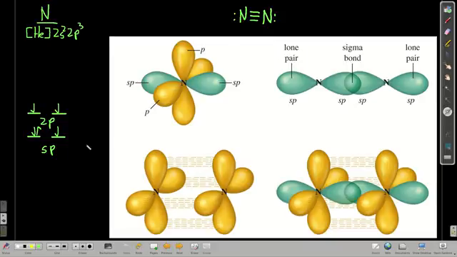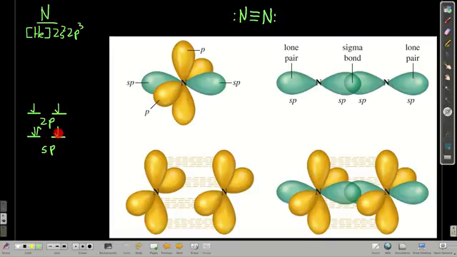And so what we do is we take an s and one of the p's from each nitrogen, mix them together, make two sp hybrid orbitals, and we leave two of the 2p orbitals unhybridized. And so we get, notice these two electrons here, that's that lone pair right there.